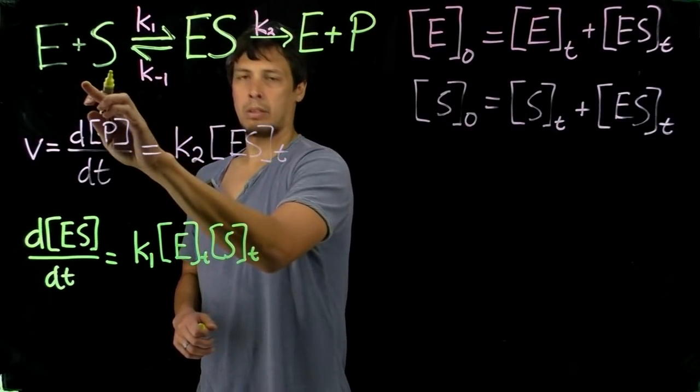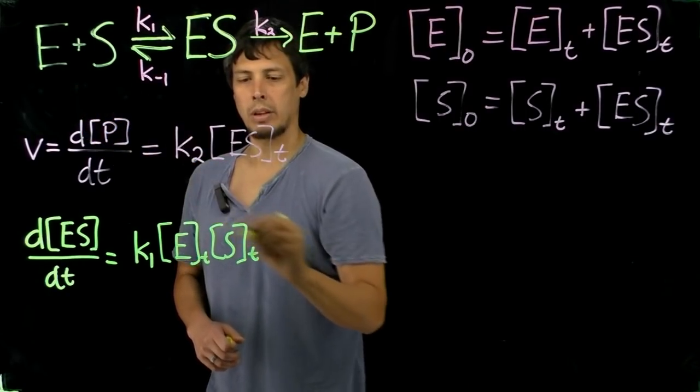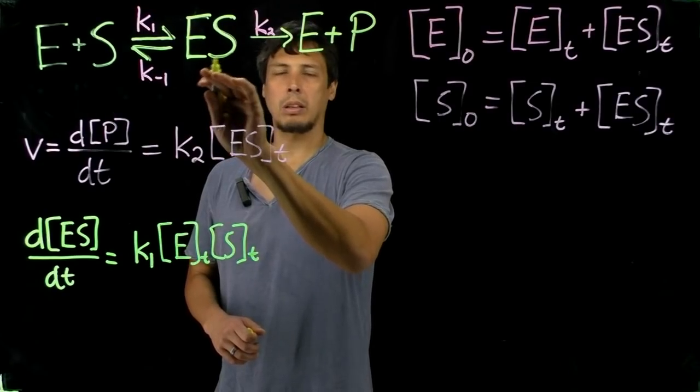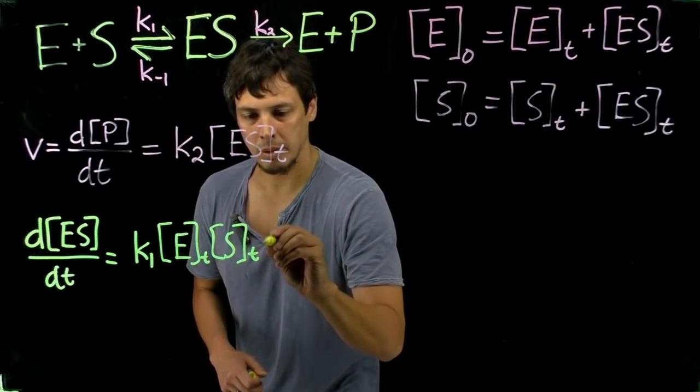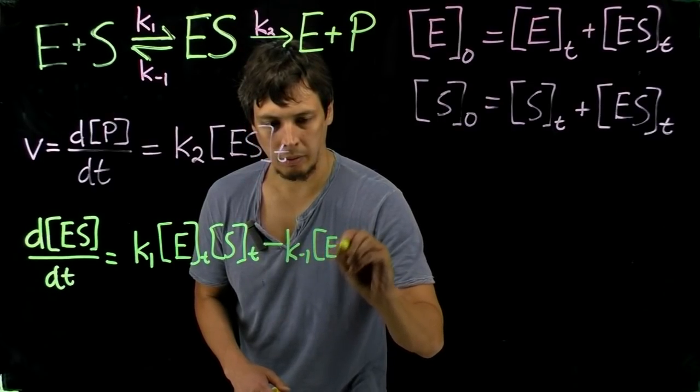One goes back to substrate dissociation to form enzyme and substrate, which depends on the concentration of ES: minus K-1 ES of t.